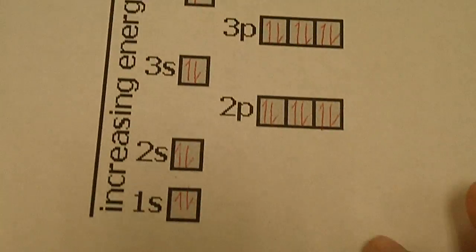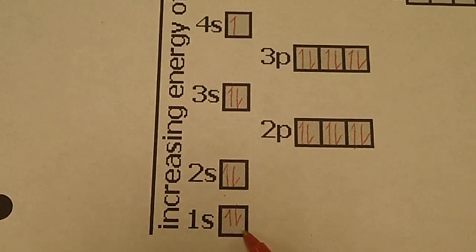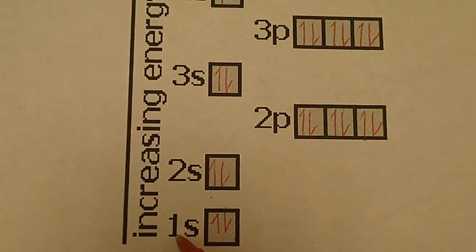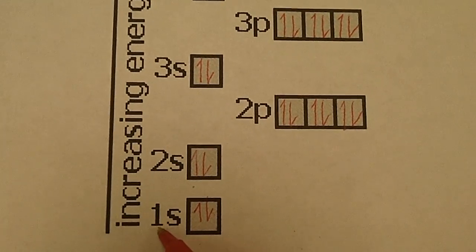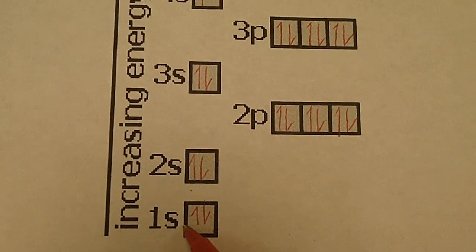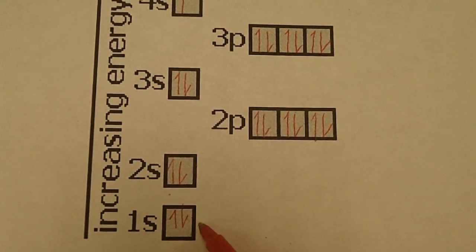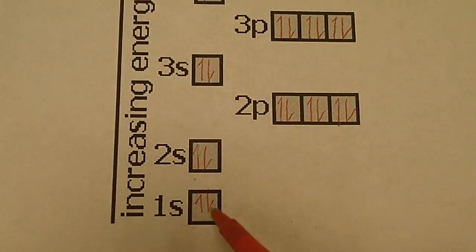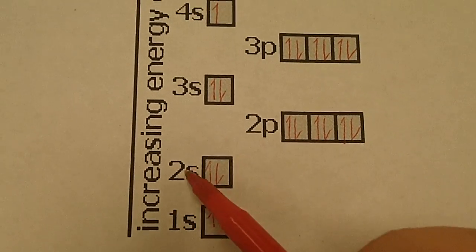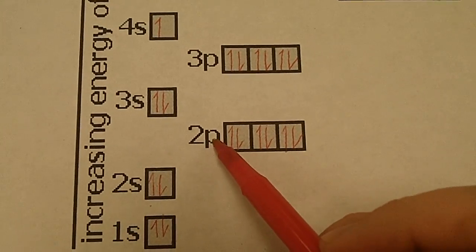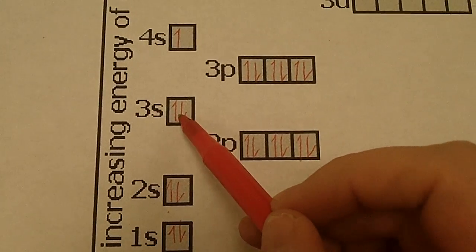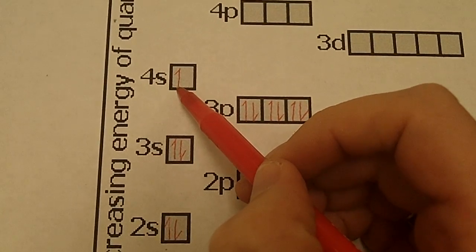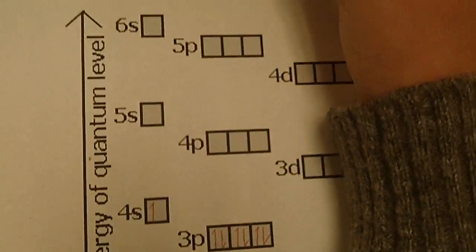Then in order to fill out your electron configuration, you would show the shell or principal quantum number, the subshell letter, and then a little exponent denoting how many electrons are inside of that orbital. So in this case, I would have 1s2, 2s2, 2p6, 3s2, 3p6, 4s1, because I only have 1 in there. So I could go ahead and fill that in up here.